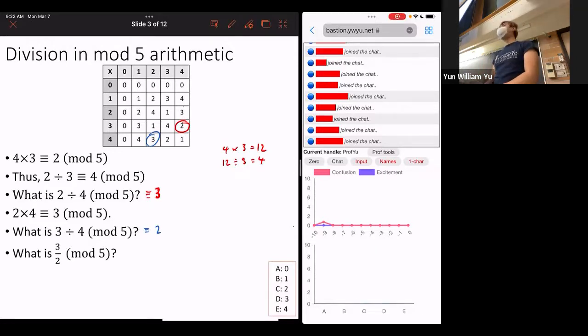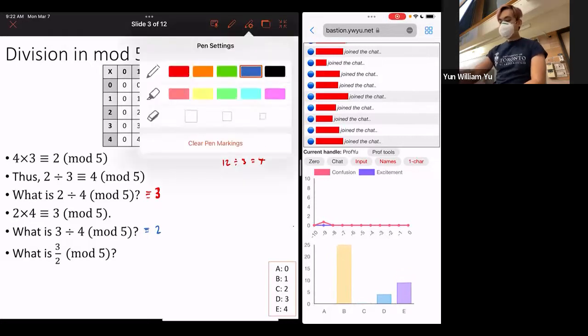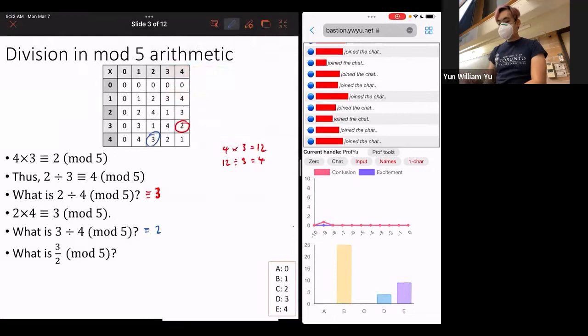What is 3 halves, or 3 divided by 2 mod 5? Okay, so it looks like we have a little bit of disagreement here. Well, again, if 3 divided by 4 is equivalent to 2, then 3 divided by 2 has to be equivalent to 4, right?